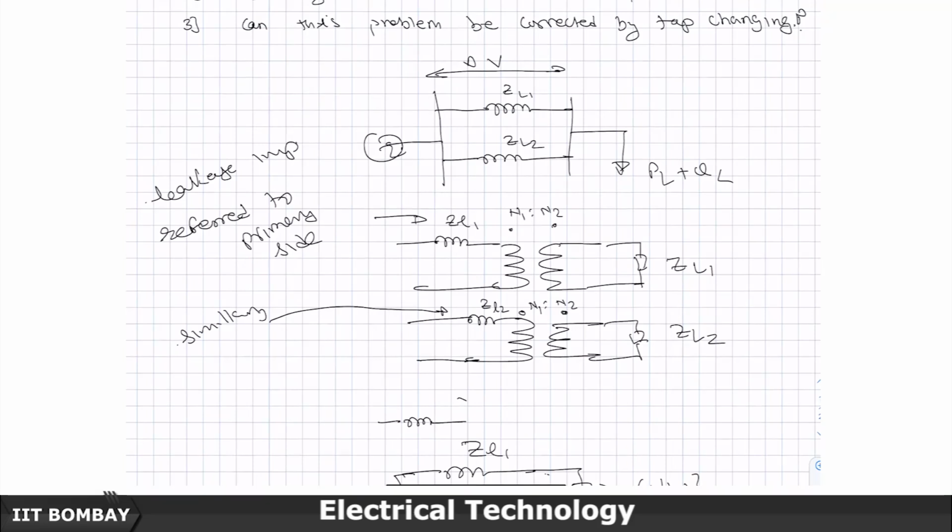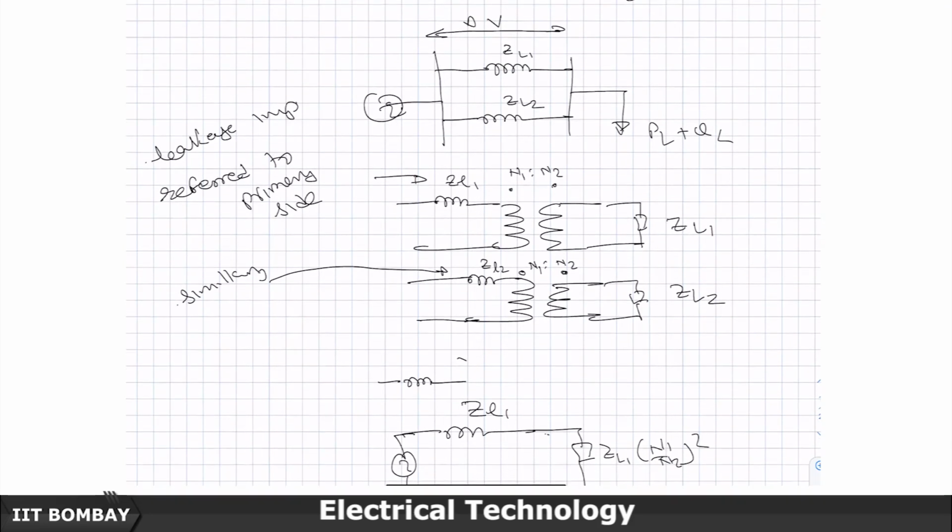Now, the difference in the current sharing is happening because of the difference of these numbers ZL1 and ZL2, but this side it is not like this. These are not two independent transformers like this.